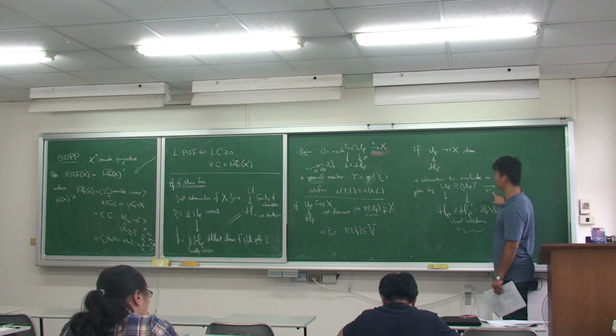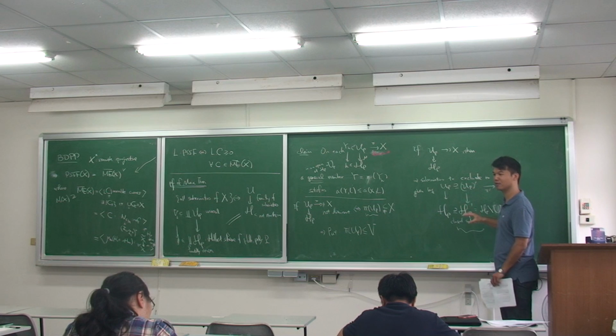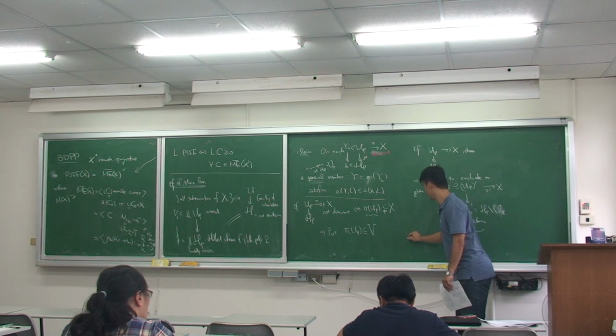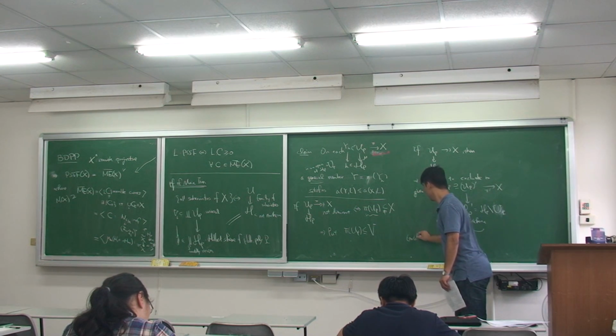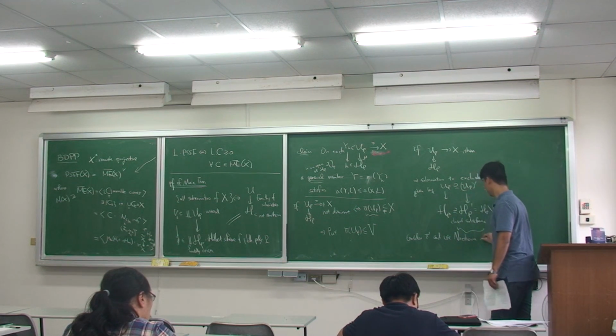If pi prime is dominant, then you do the same argument again. So you are doing the Noetherian induction. Consider pi prime and use Noetherian induction.